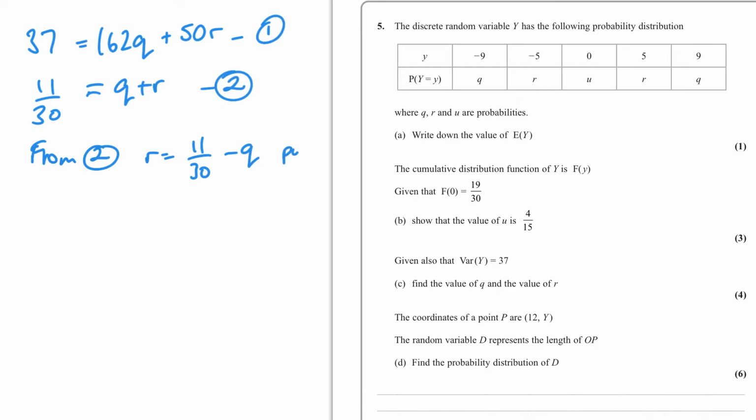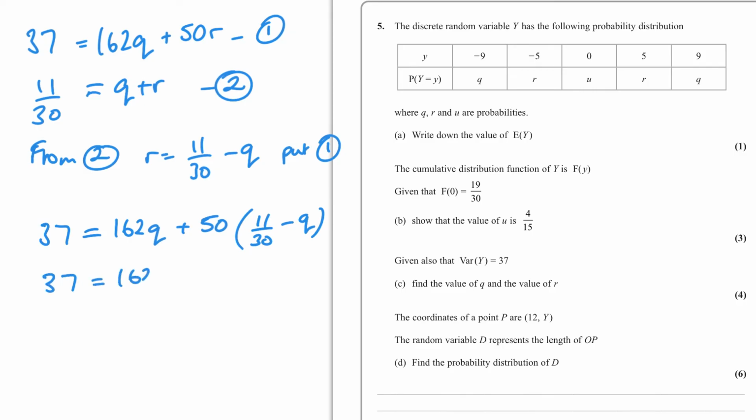And let's put this in equation 1. So 37 equals 162q plus 50 lots of 11 over 30 minus q. So we get 37 equals 162q plus 55 over 3 minus 50q.